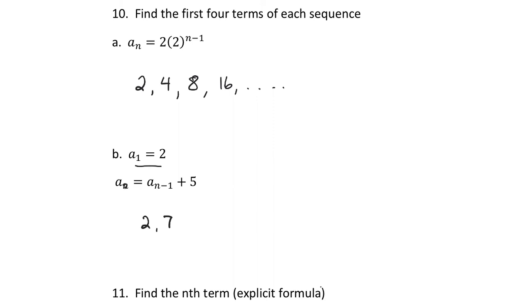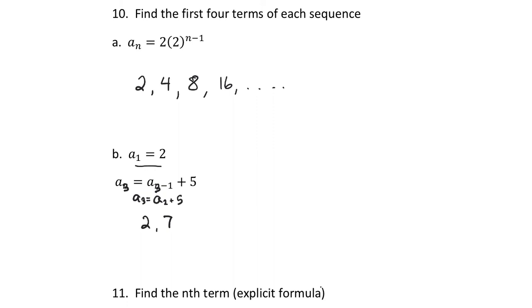So if I want to find the a sub 3 term there, I can imagine there's a 3 right there. 3 minus 1 is 2. So what this is saying is that the third term, a sub 3, is equal to, this turns into a 2, remember, so that's a sub 2, which is the second term, plus 5. So any term is equal to the term before it, plus 5. So you're always just adding 5 to get to the next term.